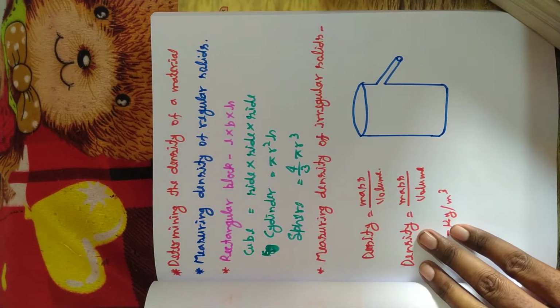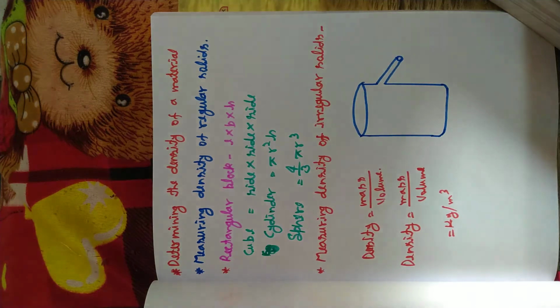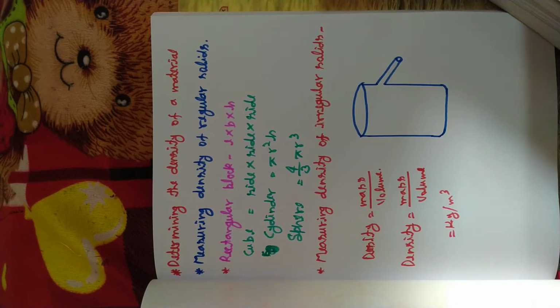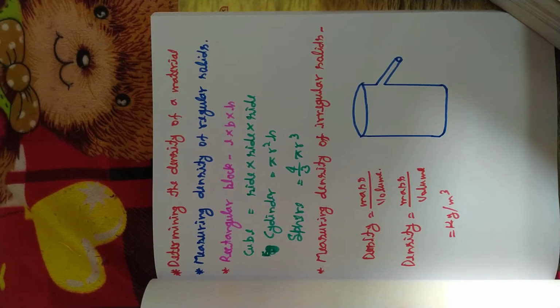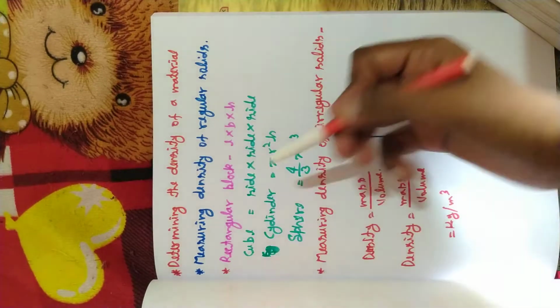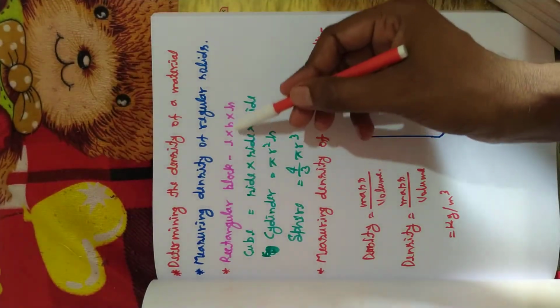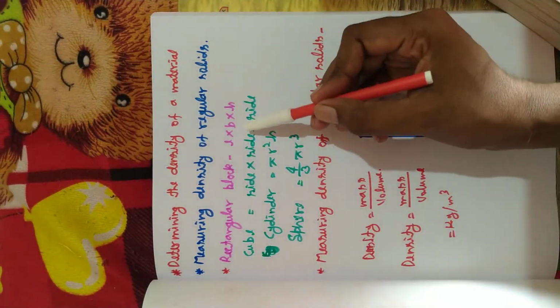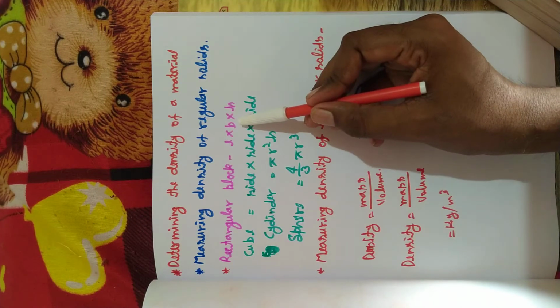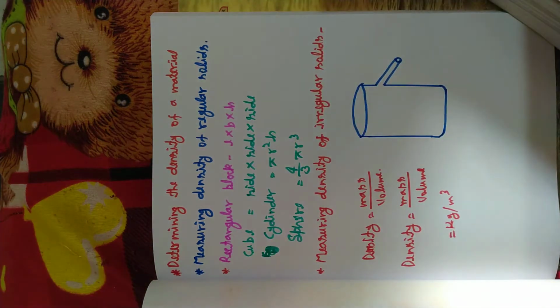Now first of all we will discuss the method for measuring the density of a regular solid. The volume of regular solids, such as a rectangular block, a cube, a cylinder and a sphere, can be calculated using the following formulas. For a rectangular block we use L into B into H, where L is the length, B is the breadth and H is the height of the block.